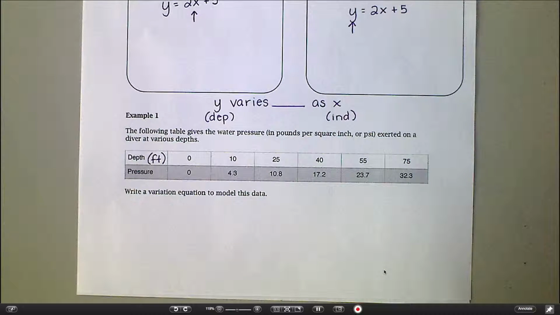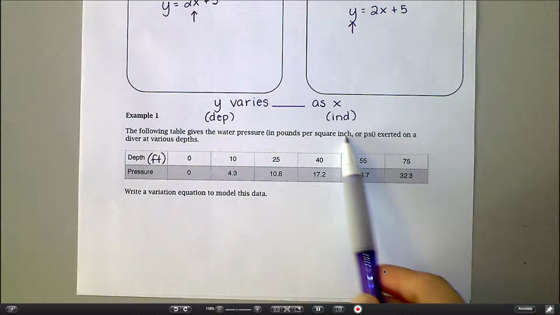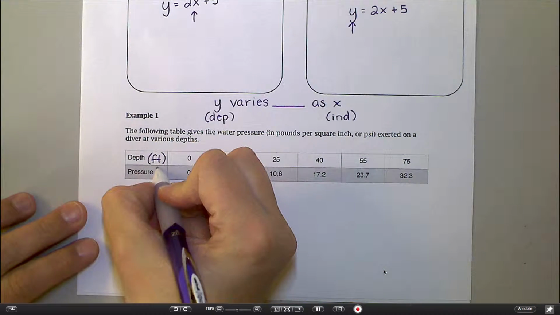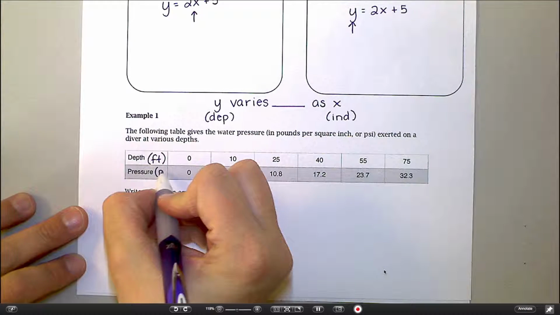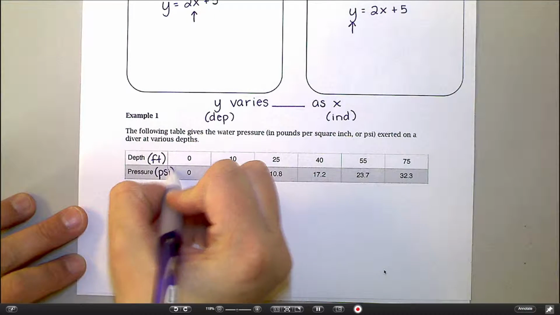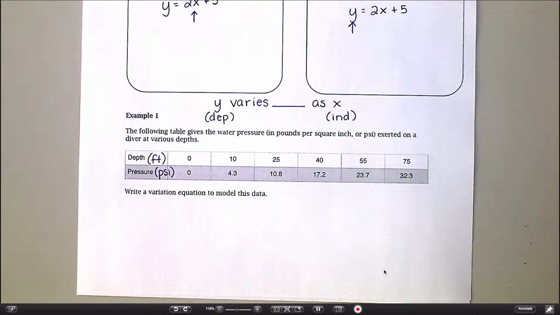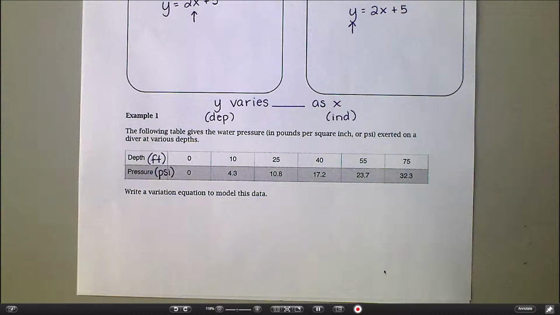What about the label of pressure? It says up here that pressure is in pounds per square inch. So this is PSI. But I don't think I put the depth measurement in here anyway. Really, that doesn't matter to you mathematically, but I just want you to have a sense that this is accurate information here.